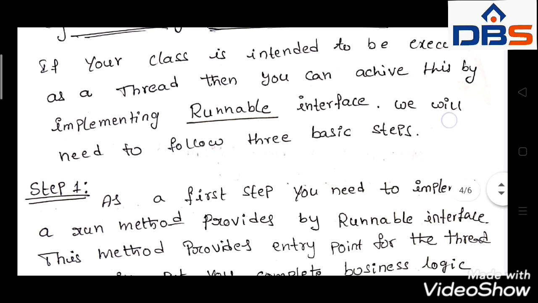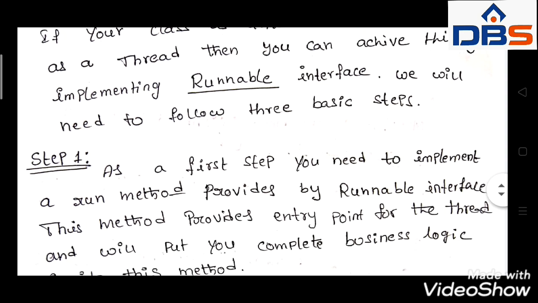So we need to follow 3 basic steps here to create a thread by using this approach. In the previous approach we had 2 steps: how to override the run method, and how to create a thread object and start the execution.